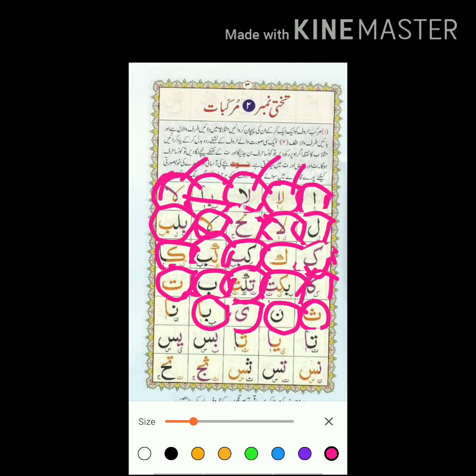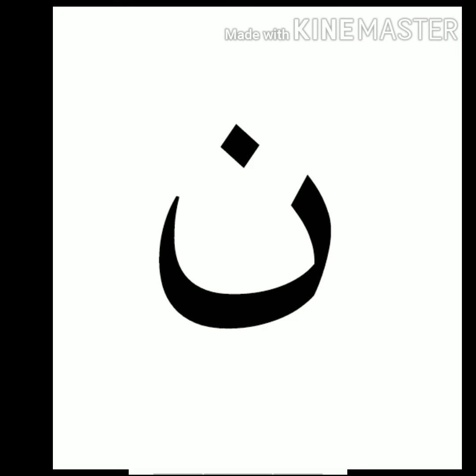Here there are two letters in this box. The first one is ba and the second one is alif, and we have repeated it many times. I think you have also understood the shape of ba and alif. Now here we have again two shapes. The first one is noon, because it is a circle shape with one dot in between, and the straight line is alif.